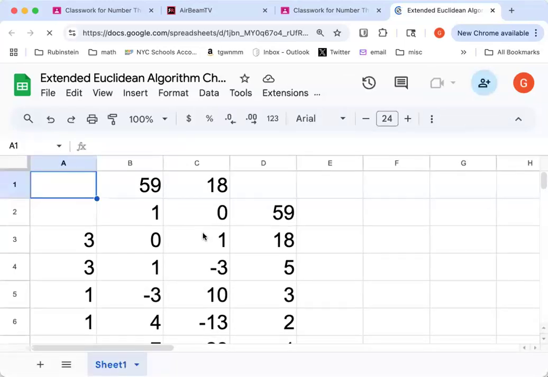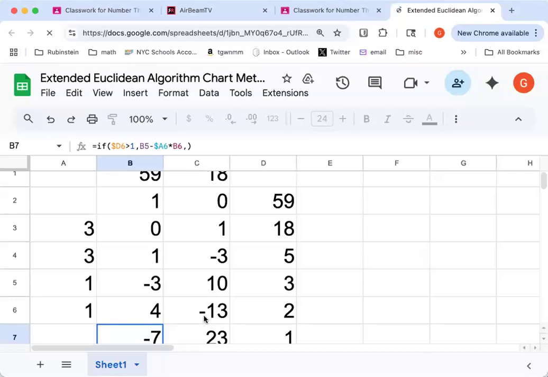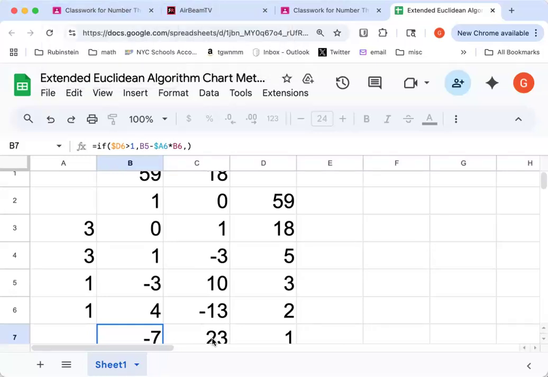So the problem with -7 and 23 is that that would be good if it was 18x minus 59y, but it was 59x minus 18y. Oh, yeah, that was the issue. We really wanted the y value to be negative.